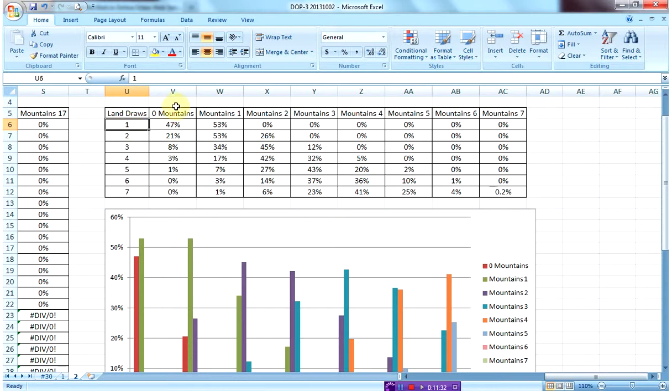Well, I've drawn one land. There's a 47% chance that I have 0 mountains, 53% chance that I have 1 mountain because of the 9-8 split. Once I've drawn 2 lands out of my 40 cards, there's a 21% chance that I have no mountains, 53% that I have 1 mountain, and 26% chance that I have 2 mountains.